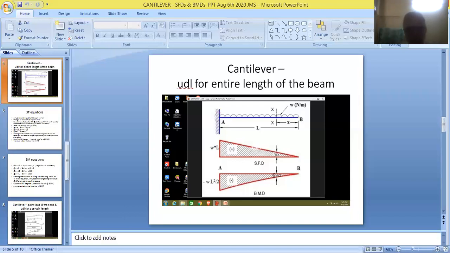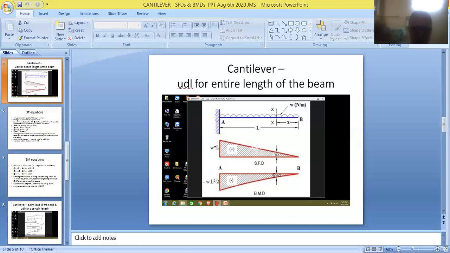So friends, all this information is given in the coming slides. Whatever the case may be, considering a section at a distance of x meter from the right end of the beam is very important. This is what we have done in the previous case also.